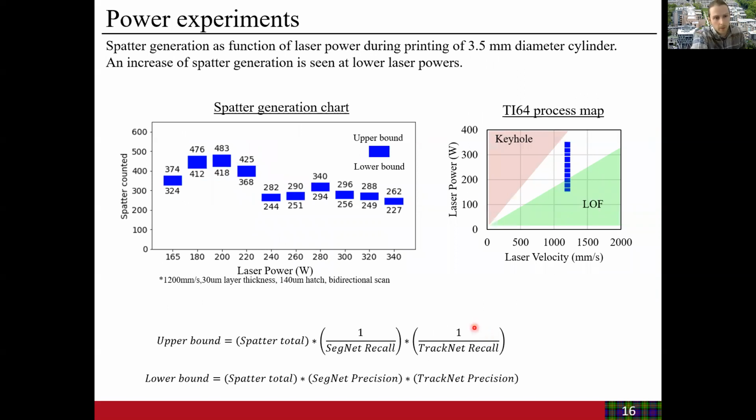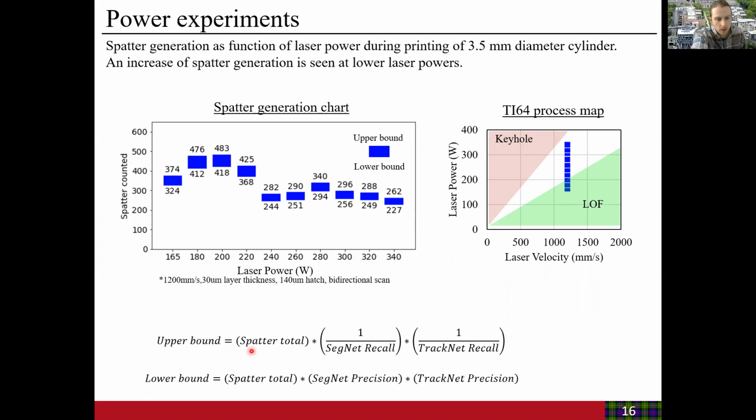So here's our power experiments. We're varying the laser power for printing that 3.5 millimeter diameter cylinder. These are the process parameters that were constant down here, and then we have our variation in laser power. On the y-axis here, we have our spatter counted at each change in laser power. Now we're showing 2 values for each video.